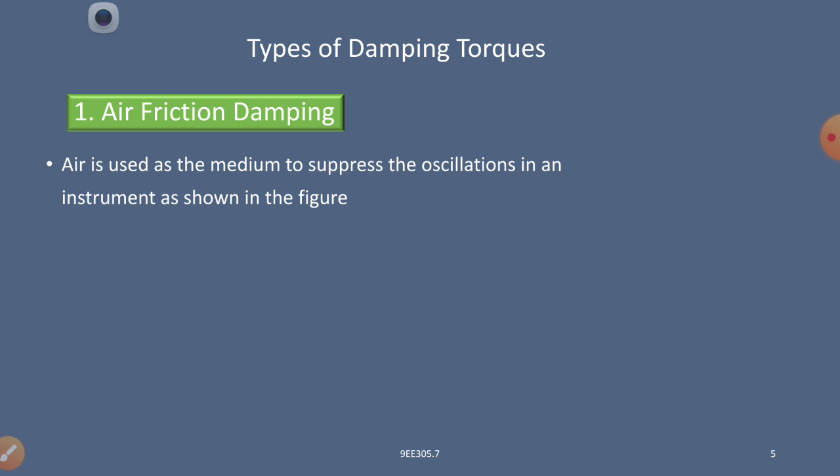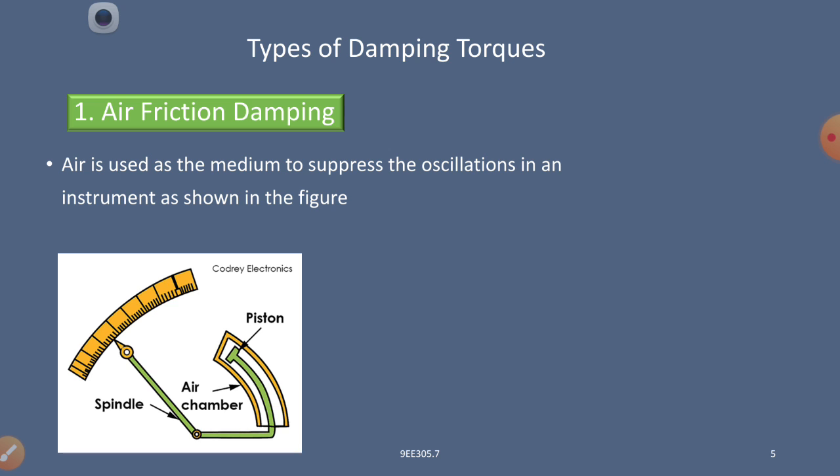Air is used as a medium to suppress the oscillations in an instrument as shown in the figure. So here you can observe at a glance, just like air friction damping, it is nothing but an injection syringe.